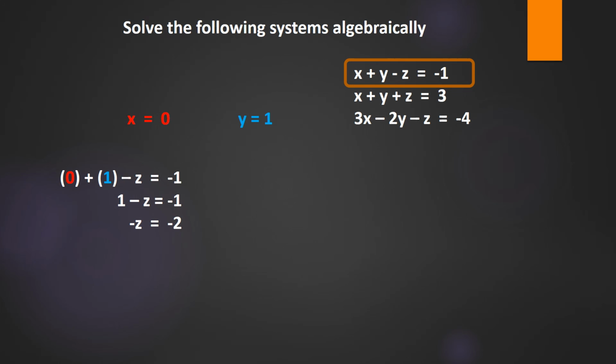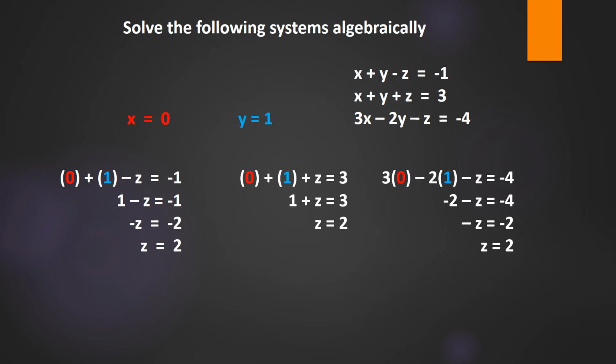I need z to have a coefficient of +1, so I divide both sides by -1, and I have z is equal to 2. Again, you could have used the second or the third equation to get the same result. Notice that z is equal to 2. So the answer to this system is (0, 1, 2), a consistent and independent system.